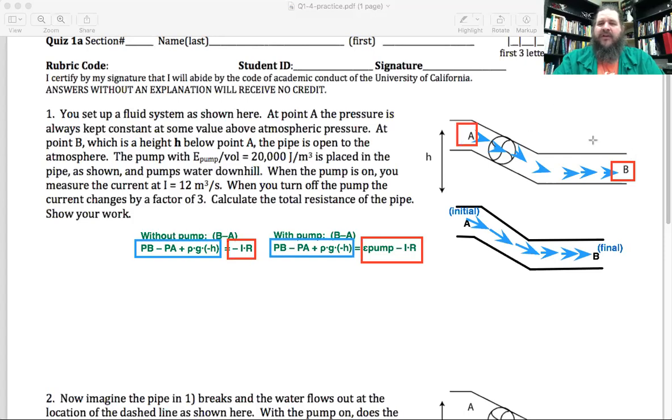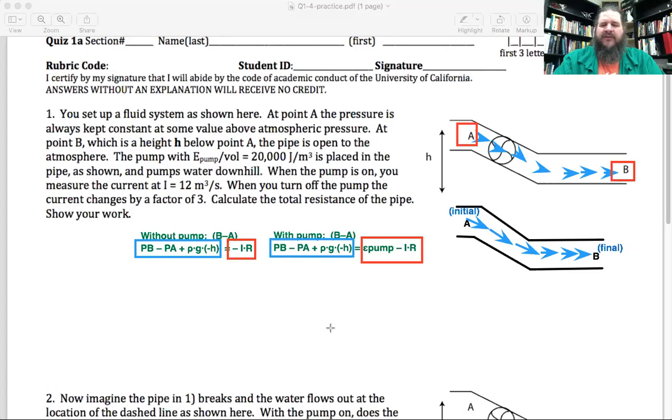If they have the same cross-sectional area and they're in the same section of pipe, they've got to be going at the same speed as each other. And note that we're not comparing the speed at A and B with the pump to the speed at A and B without the pump. We're just comparing the speed at A and the speed at B. So those two locations have the same speed as each other. So that means that there's no difference in speed.